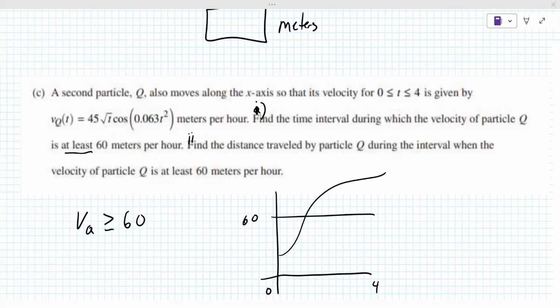It's going to take me a second. Yep, take your time. You want y1 and then y2 will be 60. Figure out where they intersect.